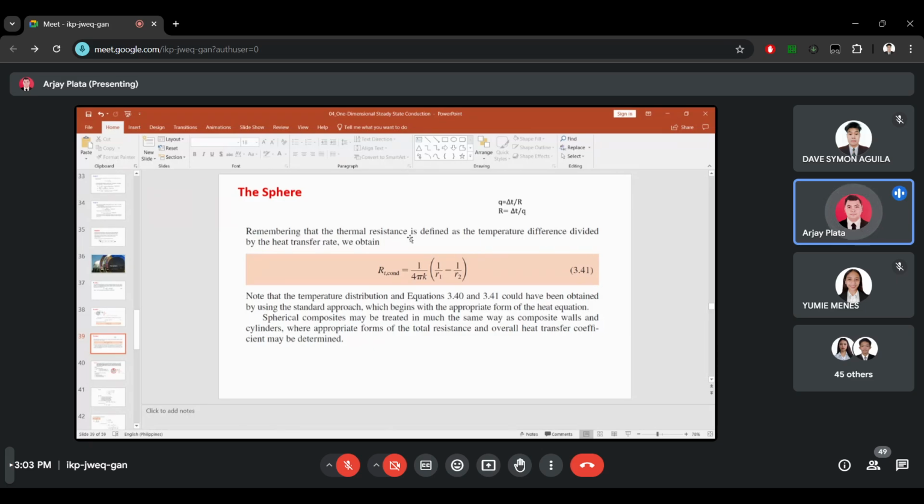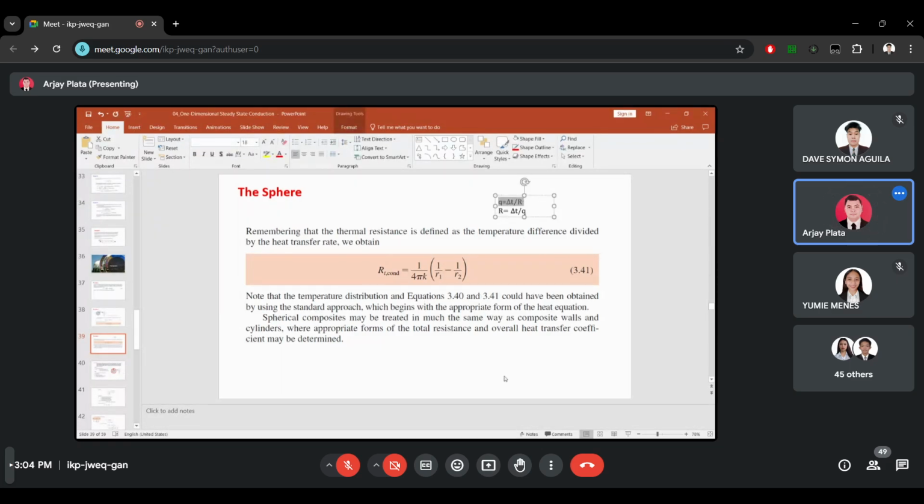Same with our previous approach, we determine the summation of the total thermal resistance, and from that we can obtain the rate of heat transfer. We just divide the overall temperature difference by the total thermal resistance, as you can see in our formula.